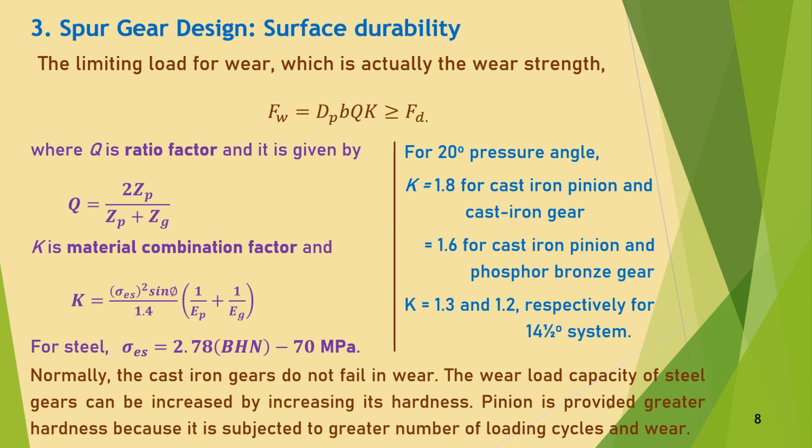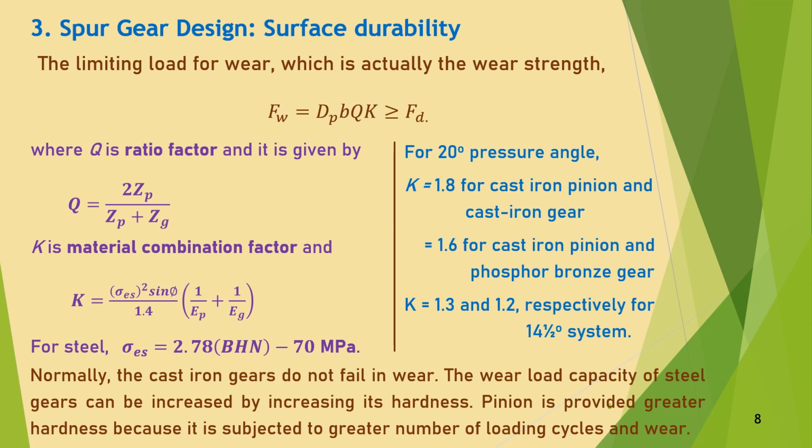For steel, the surface endurance strength can be calculated from the given relation, and for cast iron, the values are given on the right. For 20-degree pressure angle, the value is 1.8 for cast iron pinion and cast iron gear. It is 1.6 for cast iron pinion and phosphor bronze gear.